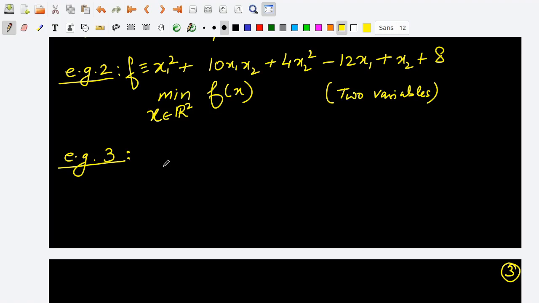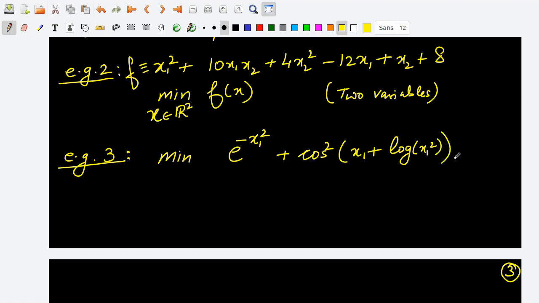Example 3 could be this function: minimize an exponential function e to the power of minus x1 square plus cos square x1 plus log of x1 square plus x1 by 12x1 square plus 1.